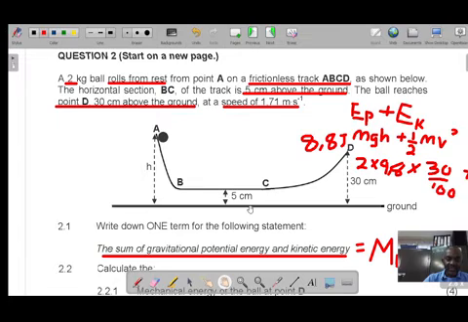Because I don't know BC yet, so I use what I know because they're all the same track anyway. So it means that E mechanical at point A is the same as E mechanical at point D.